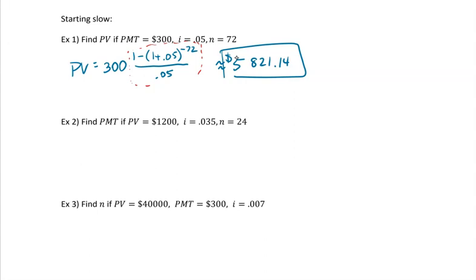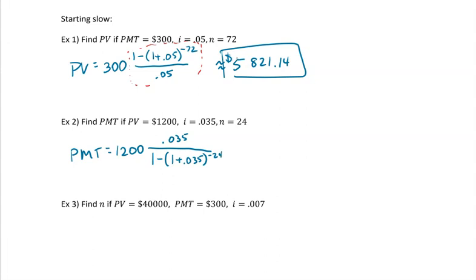All right, let's do the same exact thing for example 2. We're just going to use the PMT formula this time. So PMT equals PV, which is 1200, times I, which is 0.035, over 1 minus, then parentheses, 1 plus I, which is 0.035, to the negative n, so negative 24.